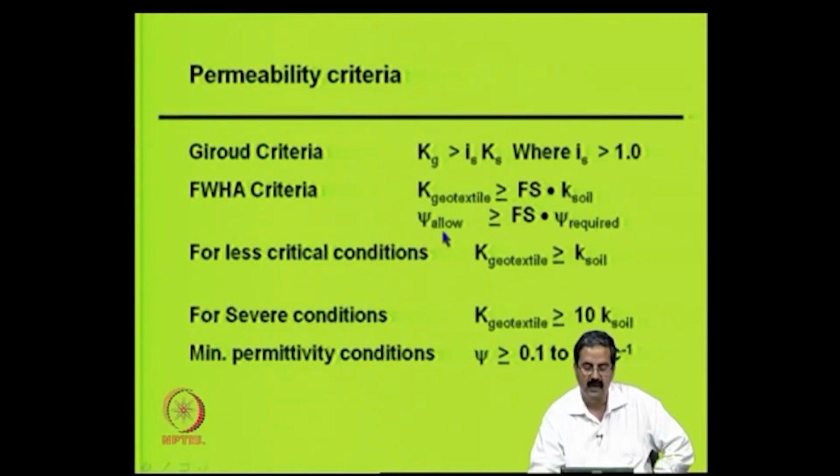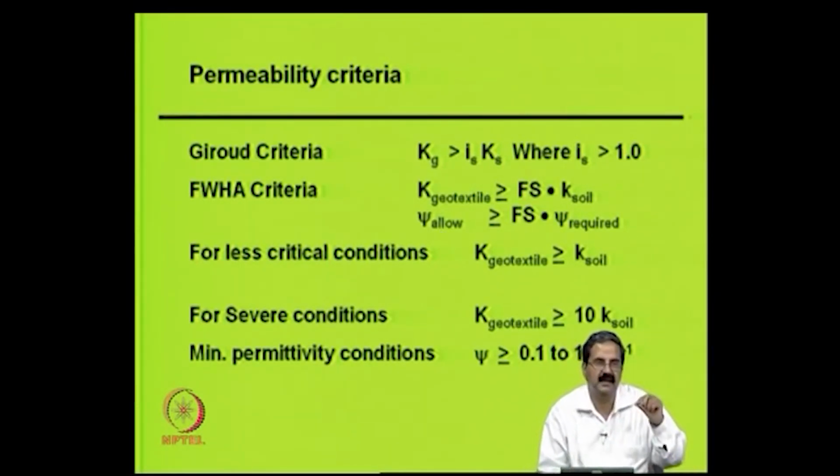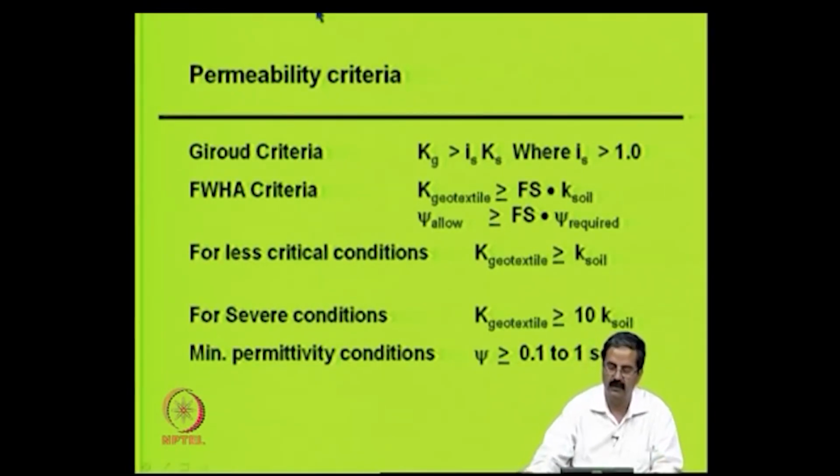And then we also have what is called permittivity. As I said, thickness is an important parameter in a geotextile. So, K by t, that is K in centimeter per second divided by thickness in centimeter, gives what we call permittivity, which we denote by psi.